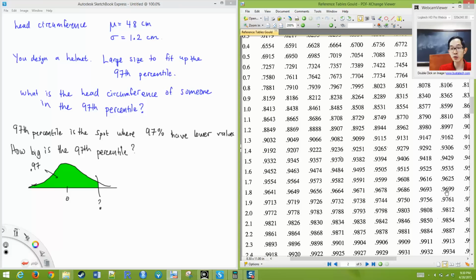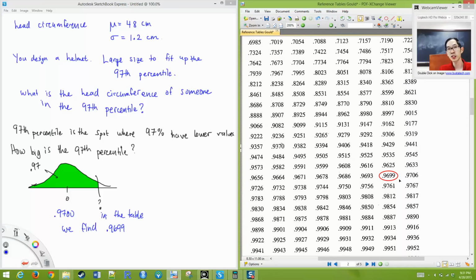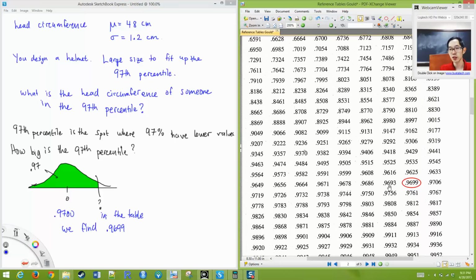So is my answer 1.88? What is the head circumference of someone in the 97th percentile? Is my answer 1.88? No. What is my answer? 1.88 is the z-score of someone in the 97th percentile. Okay, so how do I go from 1.88 to a head circumference?